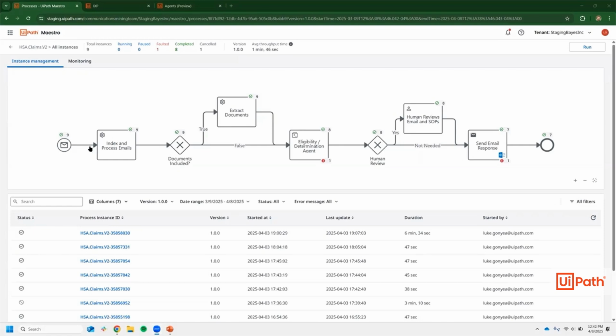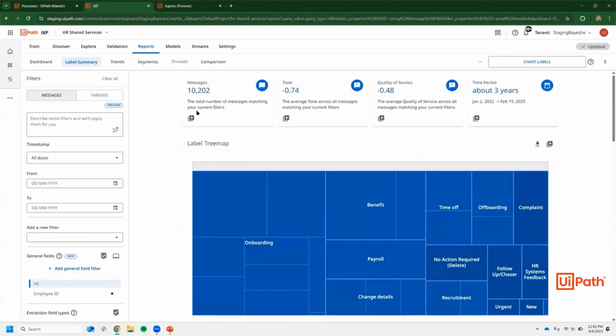starting with the ability to index and process emails and then extract information from the documents themselves. This is all in preparation of that eligibility determination agent that I have configured. I have over 10,000 emails coming into the UiPath platform. These emails are tagged with intents or reasons why customers are reaching out to us about a health savings account plan.